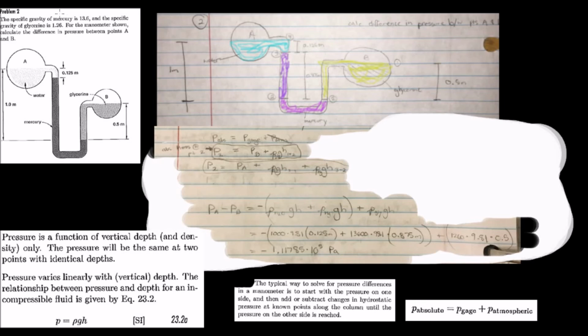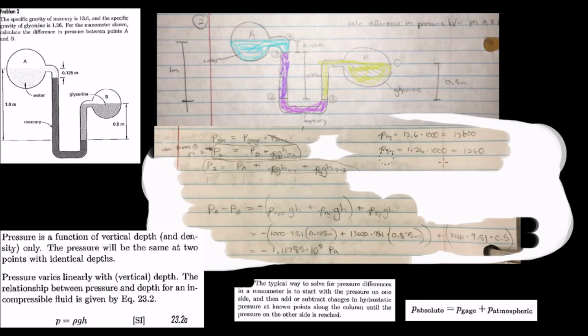Also, we calculated the specific gravity of mercury over here. We calculated the density of mercury and glycerin, and then we plugged those in there and there.